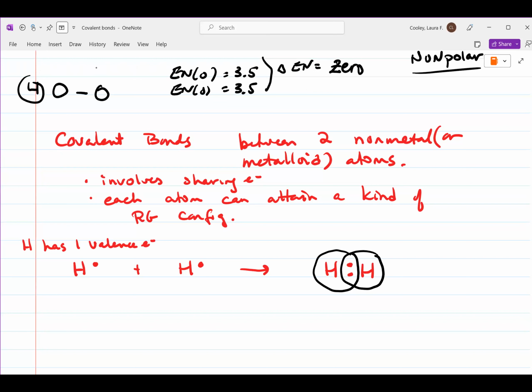So each hydrogen now has 2 electrons. You can say that each one has a filled shell, because for hydrogen, it's the n equals 1 shell, which only needs 2 electrons to be filled.